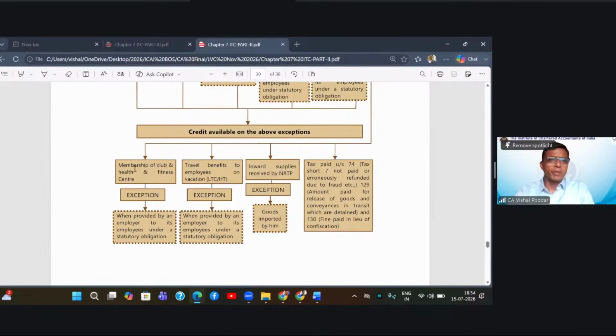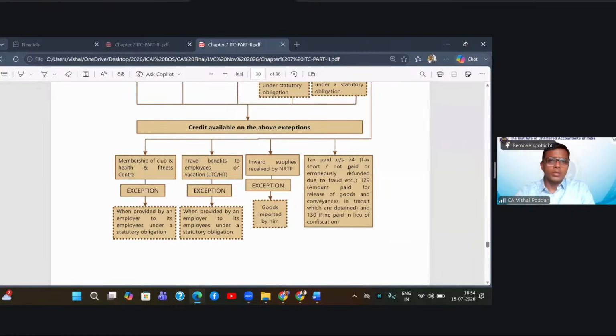Then membership of club or of health and fitness center. Next, travel benefits given to employees when they are going on vacation. Inward supplies received by NRTP or where you have paid tax under section 74. All these are the supplies which are blocked.